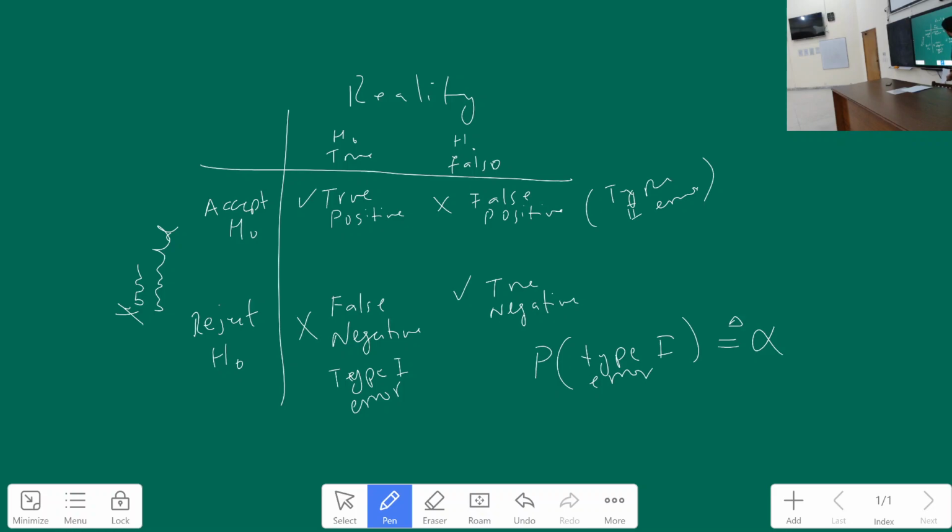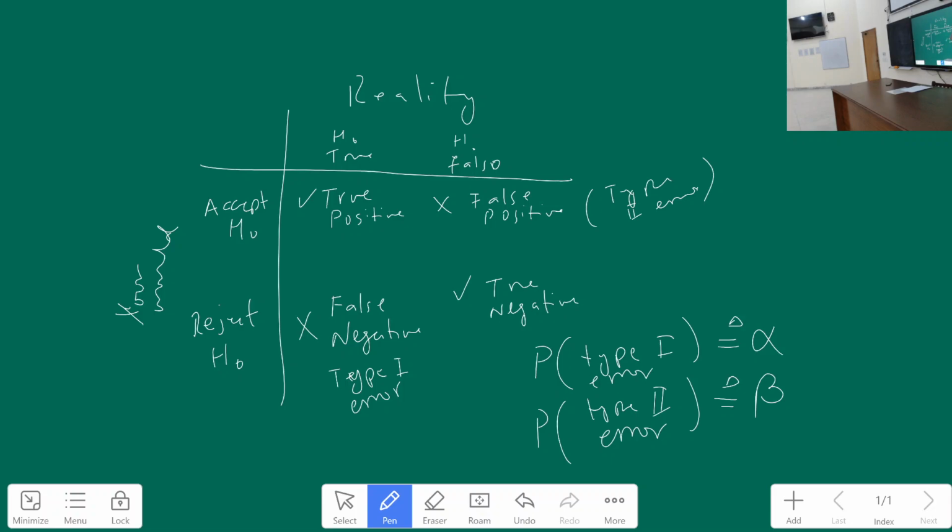So, probability of type 1 error in literature, we usually call it alpha. Probability of type 2 error, as you can guess, we call it beta. From here on we will start using these also. Again, false negative, type 1 error, alpha, all have the same name, same meaning.